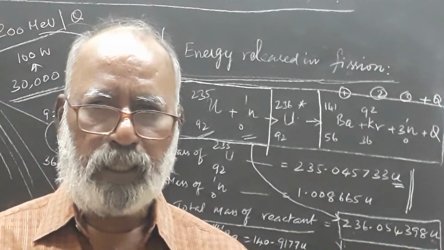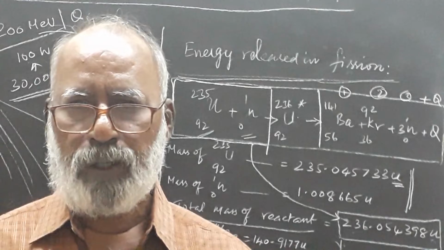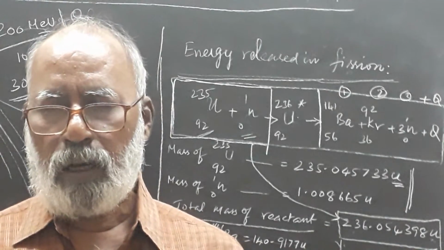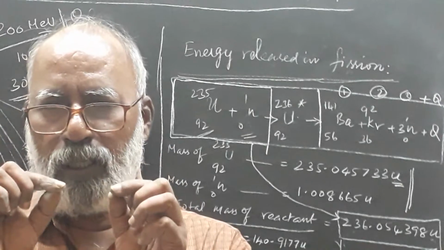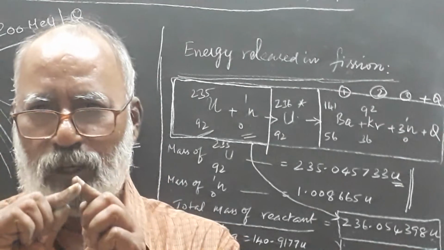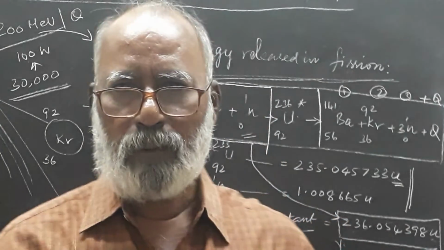This is a fantastic equation and a fantastic phenomenon, that we understand how a single smallest nucleus of uranium, bombarded by a neutron, releases this amount of energy.